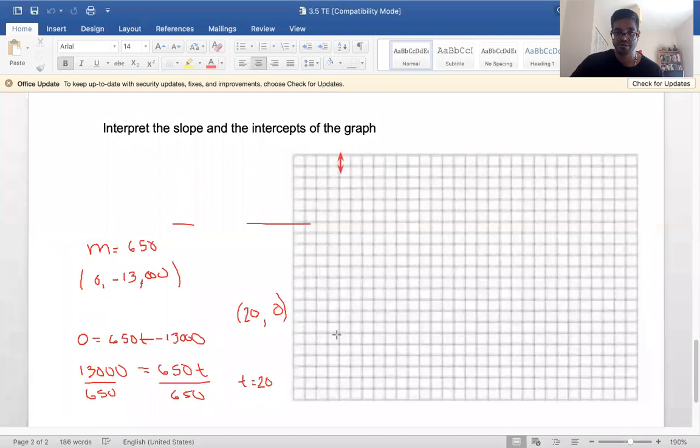I'm going to put some axes on the graph there. This horizontal red line at 0 is going to represent the surface of the water. And we know we have a dot at (0, negative 13,000).